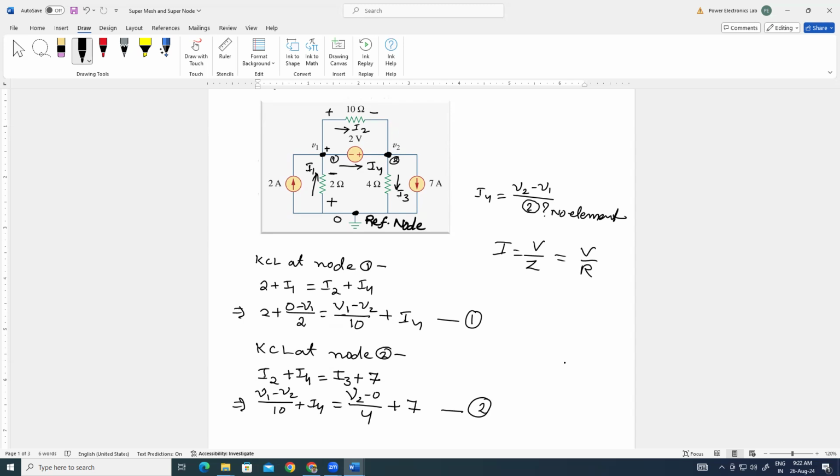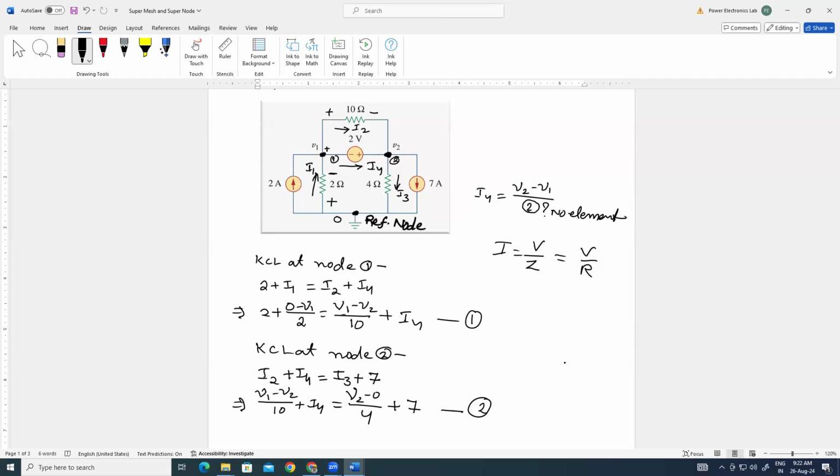Anyhow, we have to find the value of I4. So if we want to solve this problem by using the simple mesh method, we have to tackle many equations.